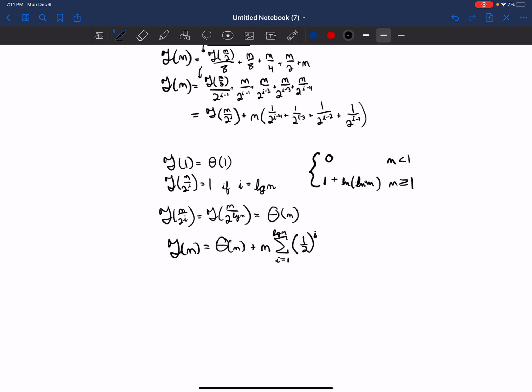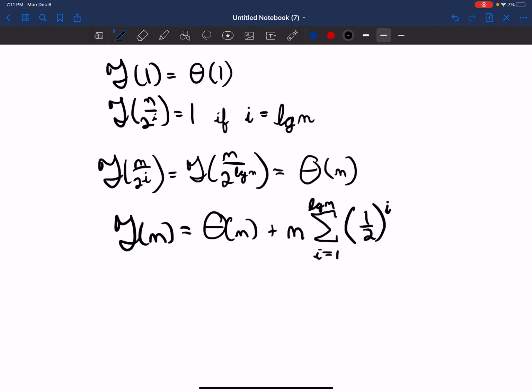Don't take my word for that, but it looks something like that. That's the recursive algorithm, and that nifty substitution that we do right there allows us to simplify this even further by setting this whole thing equal to theta of n if we substitute i for log star right here.